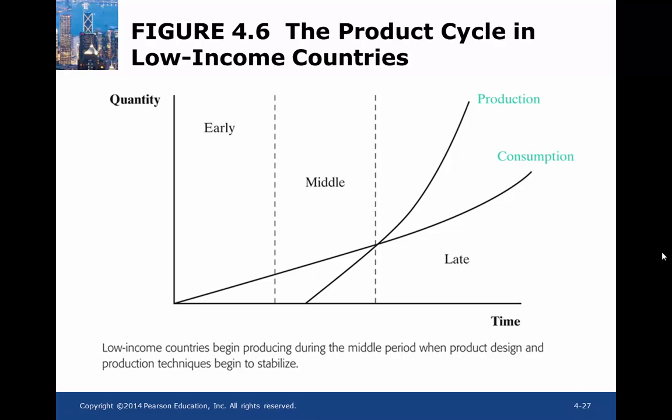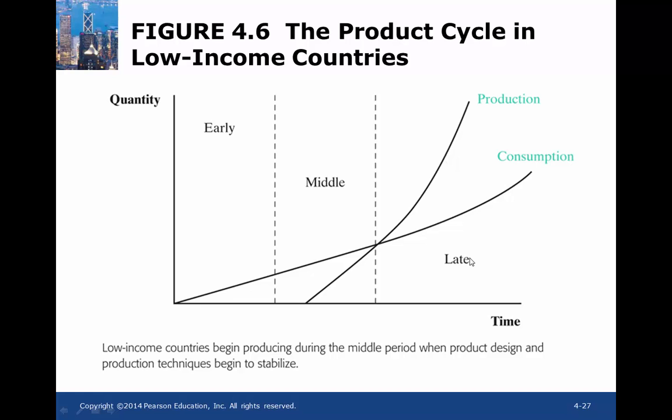Figure 4.6, the product cycle in low-income countries. Look at the low-income countries: nothing is produced in the early stage. It starts producing in the middle stage because firms start moving from high income countries to low income countries for cheap labor. And you can see that in lower income countries, production starts increasing at an increasing rate.